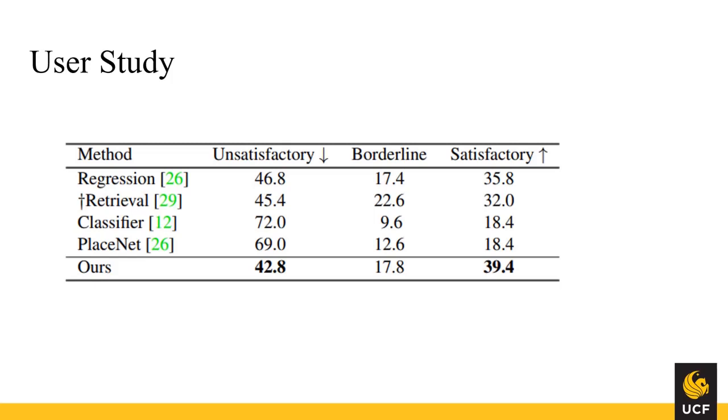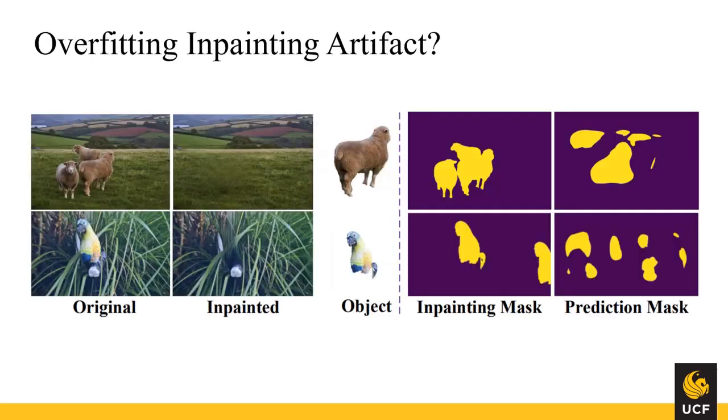We also conduct a user study based on these results, and the user study shows that our method has a better satisfaction rate than the other methods. We also show that the prediction of our model does not have large overlap with the in-painting mask, indicating that our model is not overfitting on the in-painting artifacts.